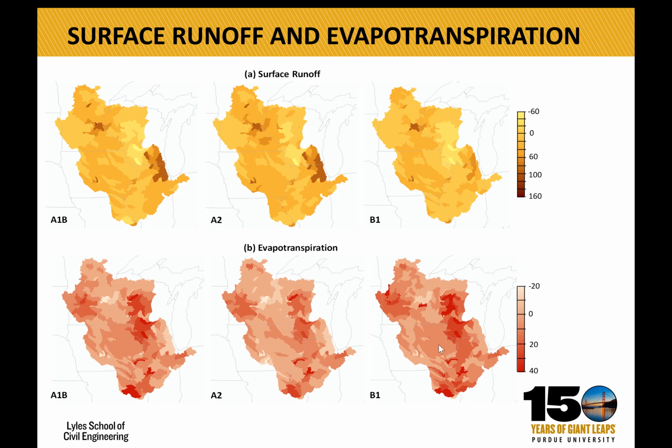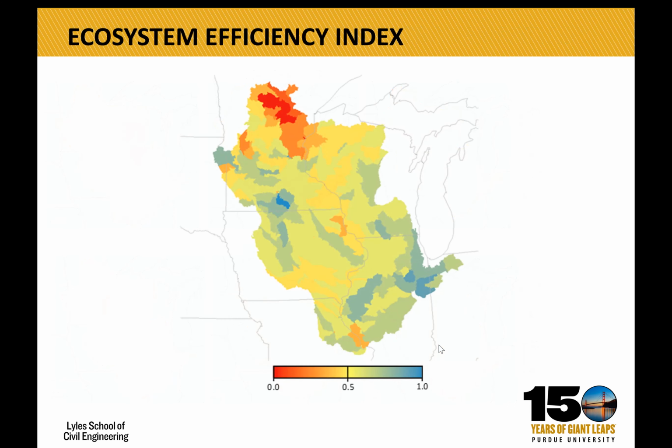So what we did in this case is we came up with the ecosystem efficiency index, and the idea here is if the index is close to 1, then this area is going to be very inefficient in terms of water and energy efficiency. And as the ecosystem efficiency index goes to 0, then the area is going to be more efficient in terms of water and energy use.